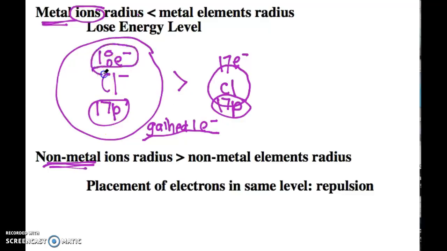By picking up an extra electron, it turns out that these protons are not able to attract the 18 electrons as well as they did with the 17 that they had earlier, because you have one more electron than the protons. So because these protons are not holding on to the electrons as tightly as before, the electrons are able to move out a little bit more. So you can see here that our radius has definitely increased because we just added on one extra electron.